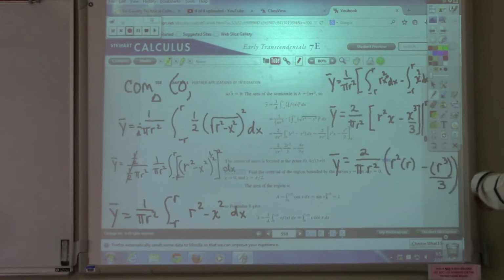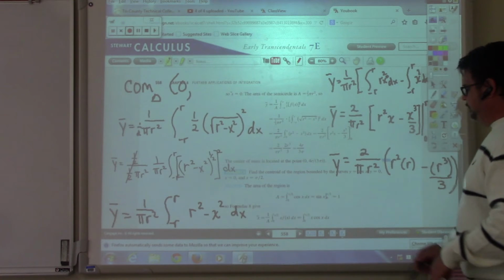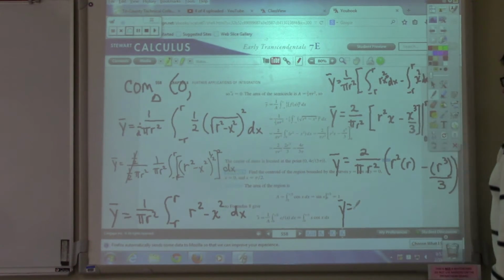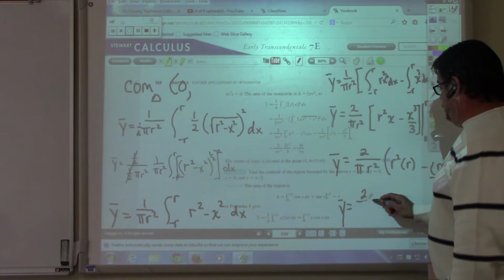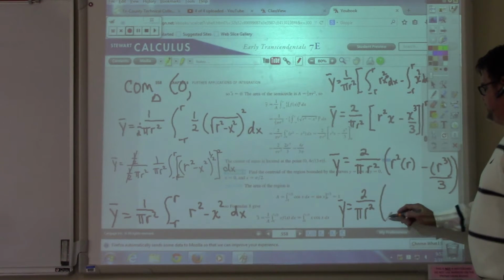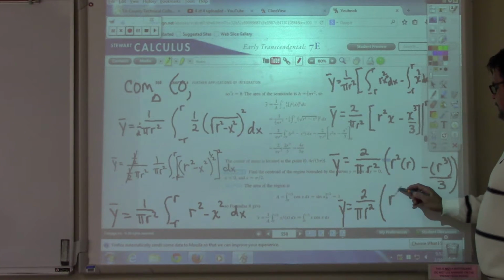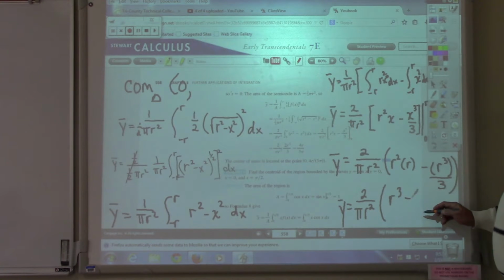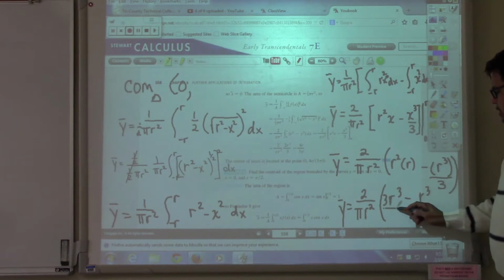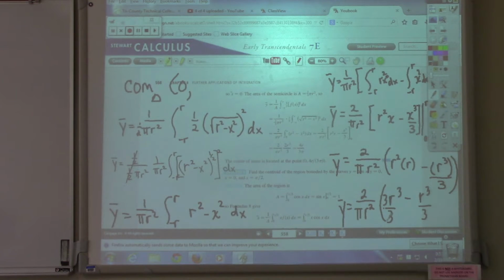And then when you crank all that out, y bar is equal to 2 over pi r squared times r to the third minus r to the third over 3, which will give you 3r over 3, which will be 2r over 3.